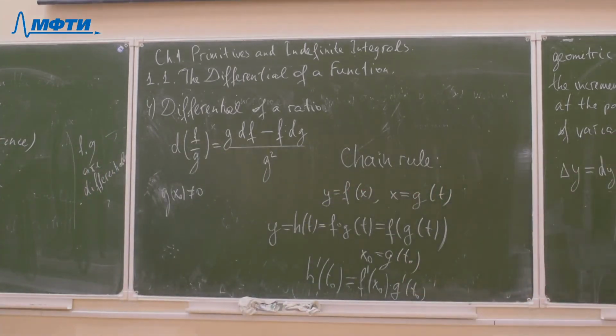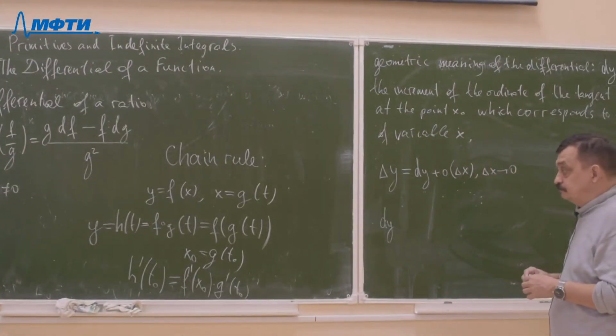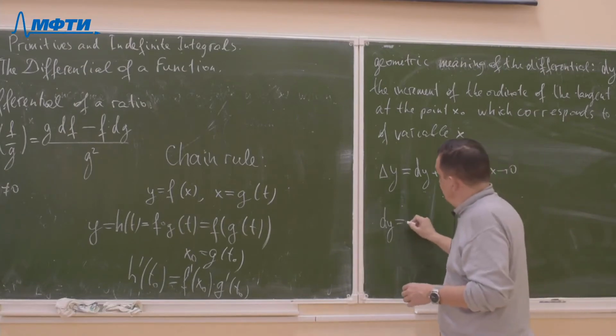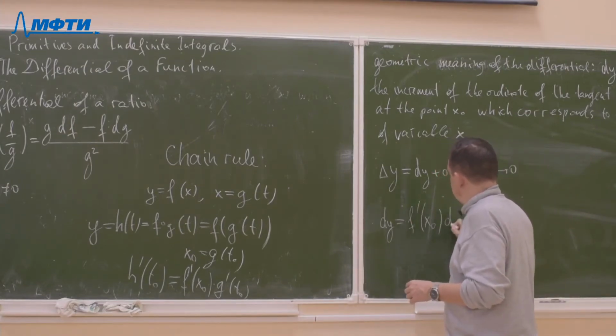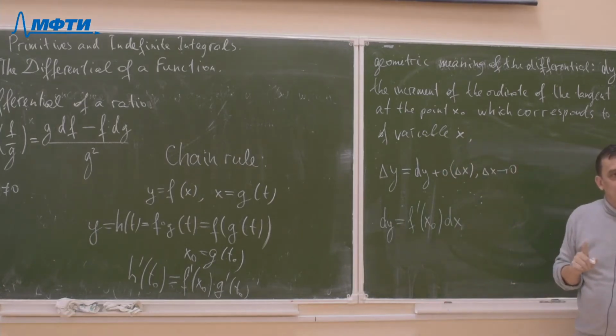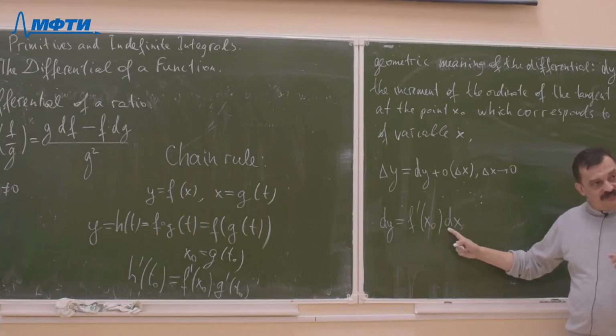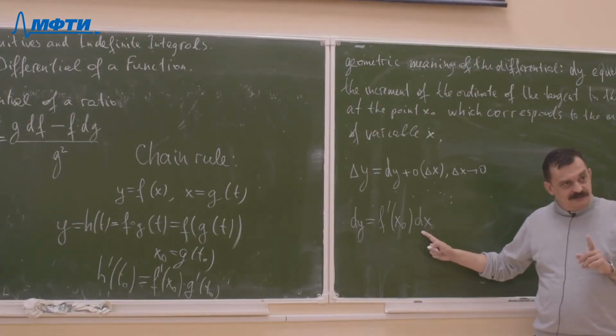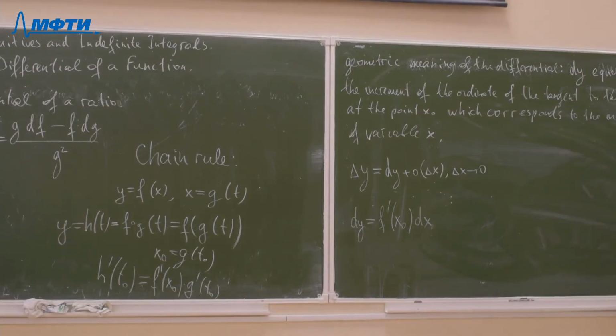Now look what it means for differentials. We know what the differential dy is. It is equal to f prime at x naught times dx, which should be delta x, right? And there was a notation, dx equals delta x, if x is an independent variable. That notation was valid only for the case when x is an independent variable.